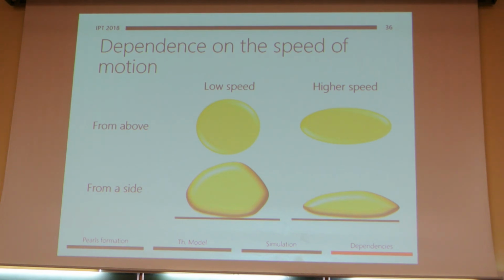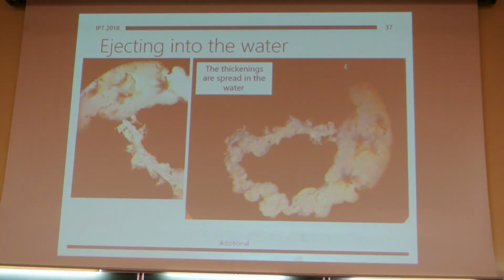For the dependence on speed, only at lower speed do we see spherical pearls, and at higher speed these pearls will be longer and thinner. I think that's logical. And an interesting photo: when we tried to use water instead of oil, we obtained such a picture where we cannot see pearls, traces, or thickenings.